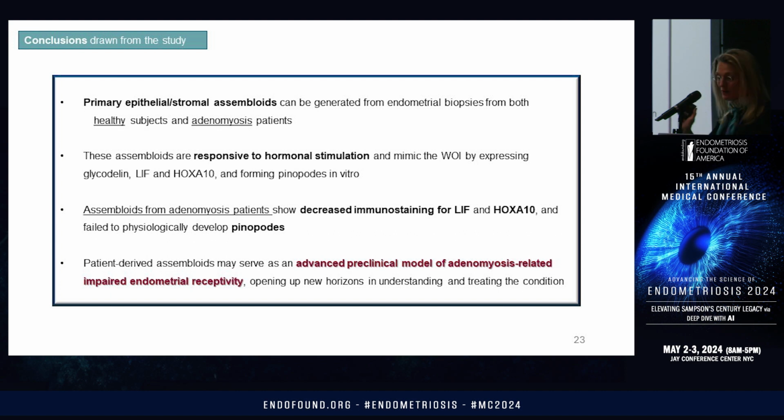Assembloids from adenomyosis patients showed decreased immunostaining for LIF and HOXA10 and failed to develop these pinopodes. To end, patient-derived assembloids may serve as an advanced preclinical model of adenomyosis-related impaired endometrial receptivity, opening up new horizons in understanding and treating the condition.